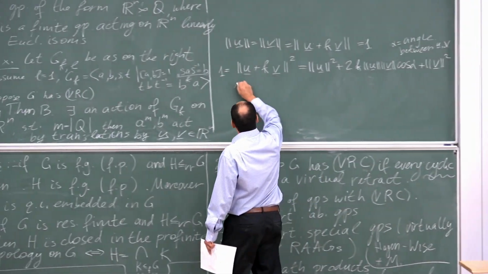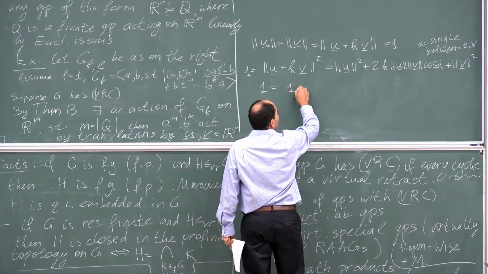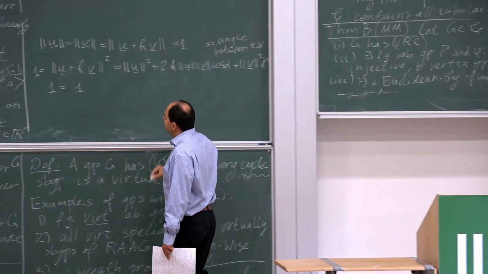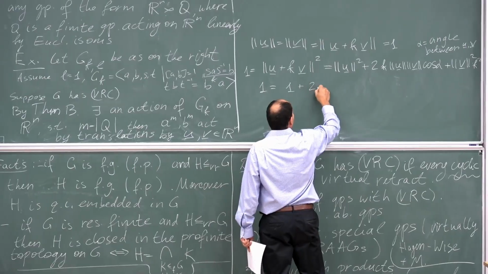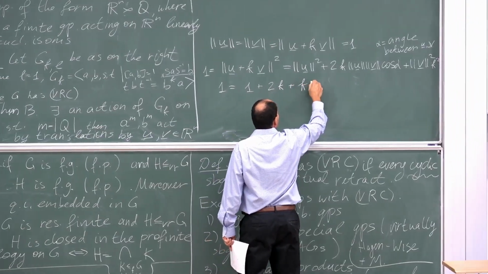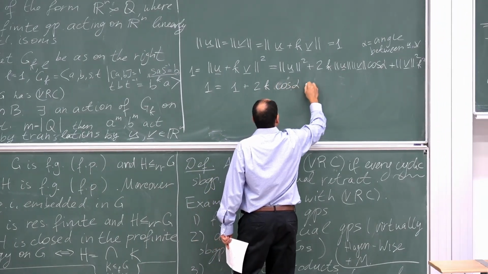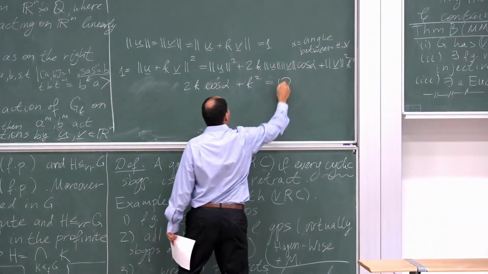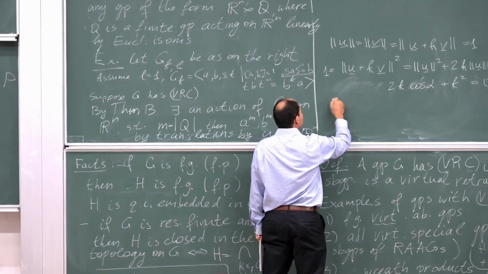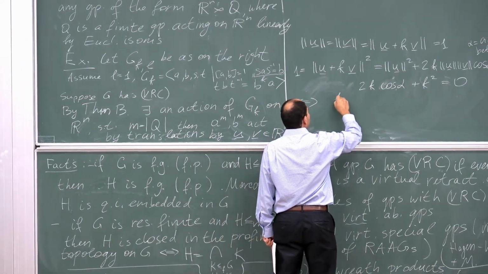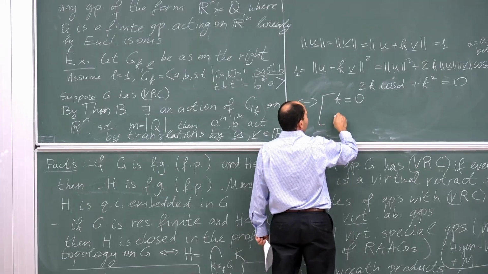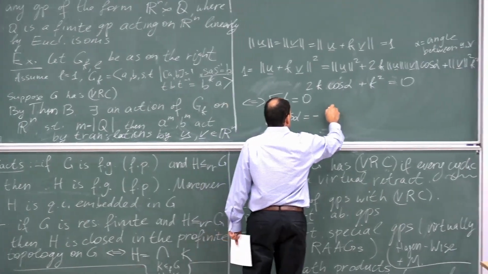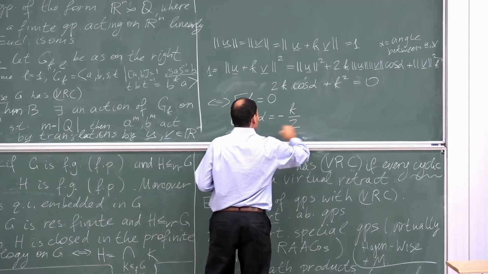So this means 1 is equal to 1, oh, and I forgot k squared here, right? 1 plus 2k cos alpha plus k squared, which is equivalent to saying either k is 0 or cos alpha is minus k over 2, right?